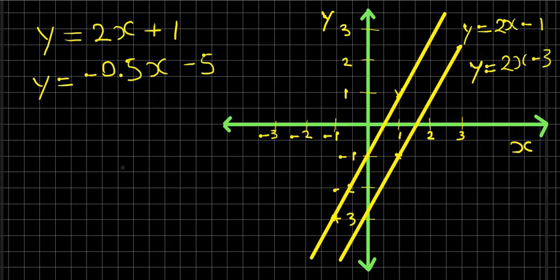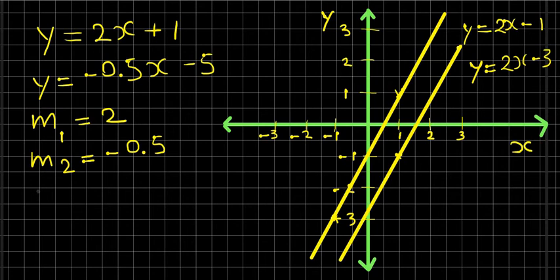Now if two lines are perpendicular, that means those lines will form 90-degree angles. In order to evaluate whether these lines are perpendicular, we need to take our m1 as 2, m2 as minus 0.5.